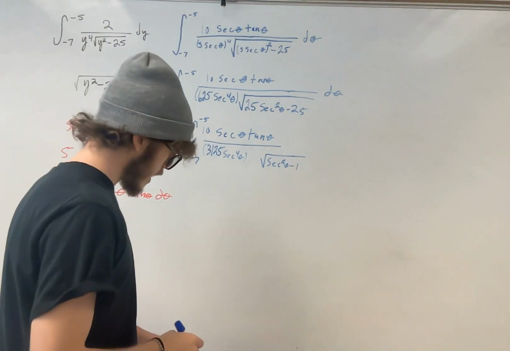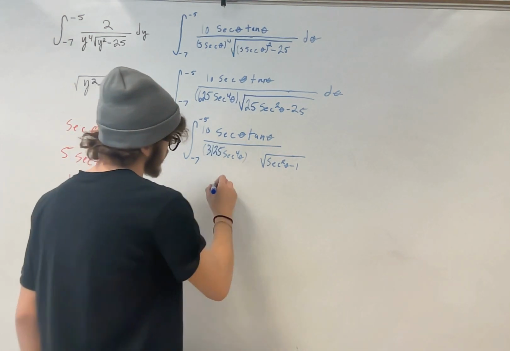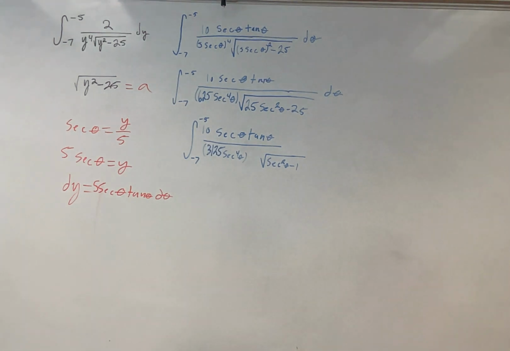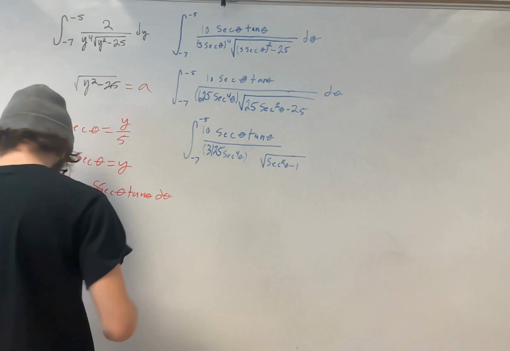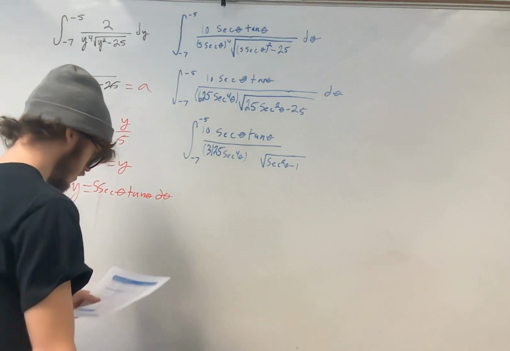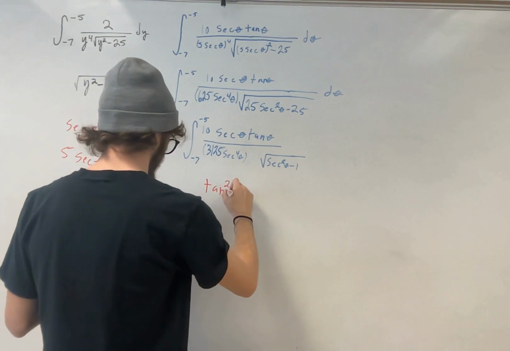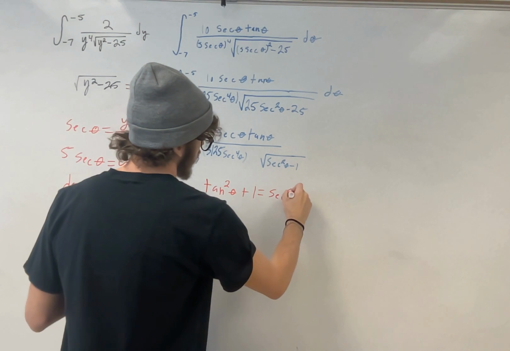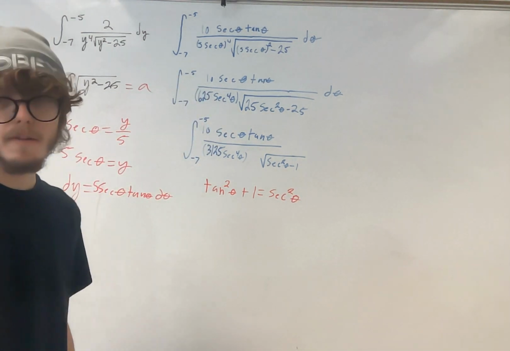I'm going to notice here that there's an identity. Let me grab the actual paper here so I get it completely correct, and then we'll rearrange for it. I'm going to put it in red. So tan squared of theta plus 1 equals secant squared theta. This is called a Pythagorean identity.